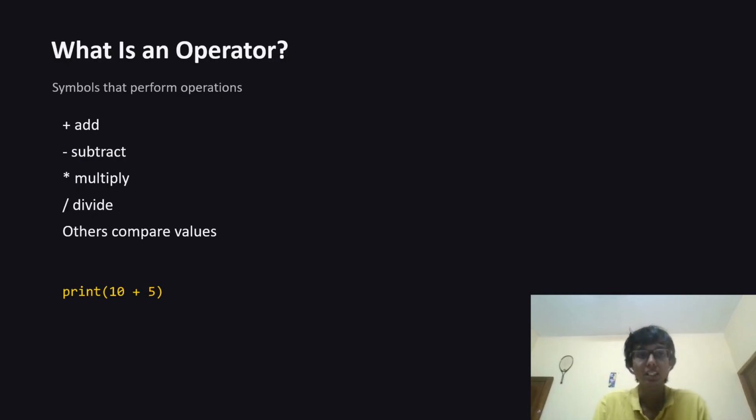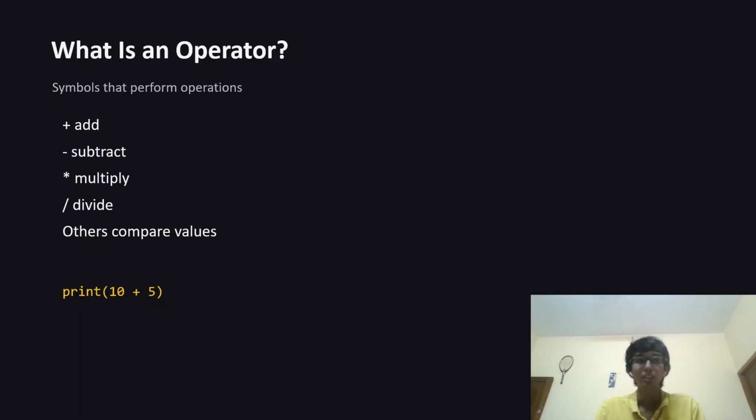So first of all, what is an operator? Operators are symbols that perform operations. A plus sign is used to do addition. Addition is the operation, and plus is what is used to do the addition operation.